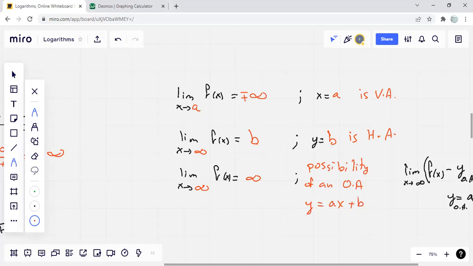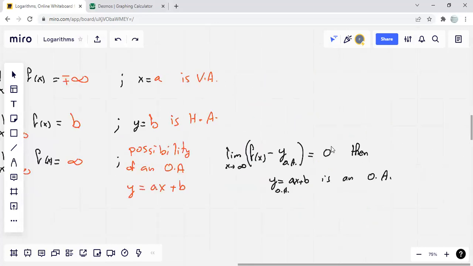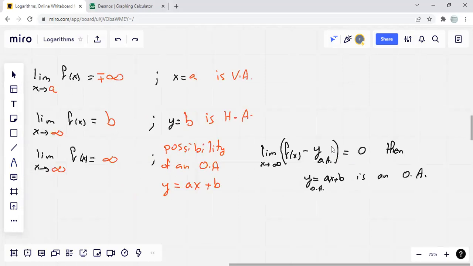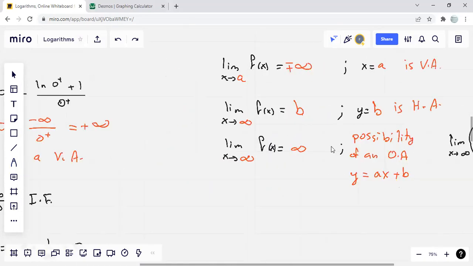So how do we check if a line of this equation is really an oblique asymptote ولا لا؟ بنروح بنجيب الليمت. نجيب الليمت ل f of x minus y. Okay. إذا طلع الجواب equal 0 we calculate it. إذا طلع الجواب 0 then هيدا line of equation y equal ax plus b بيكون هو oblique asymptote. Okay. هودي كل شيء عن الاسيمتوتس وعملنا لهم revision بأول السنة وهسه عملنا لهم recall again.